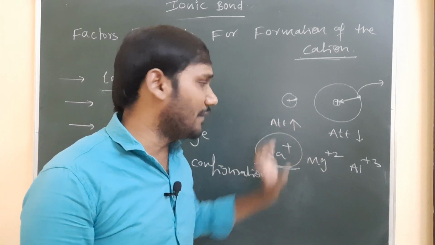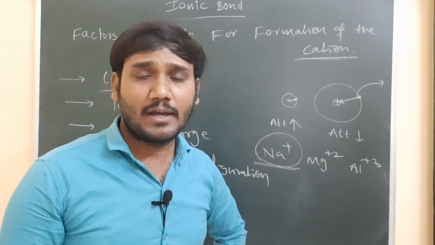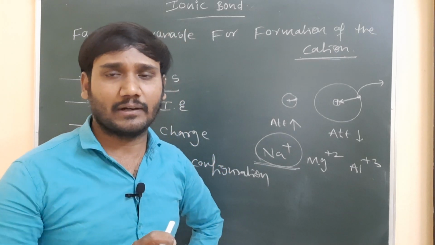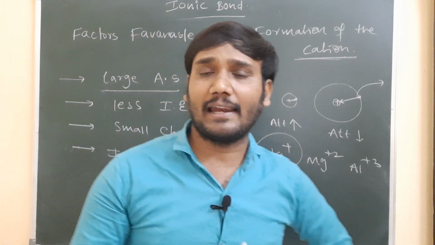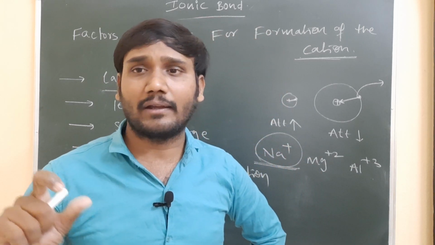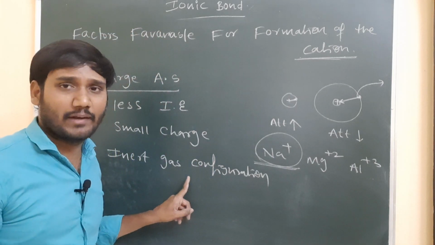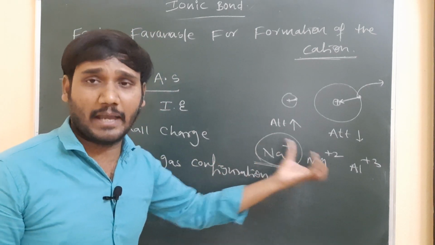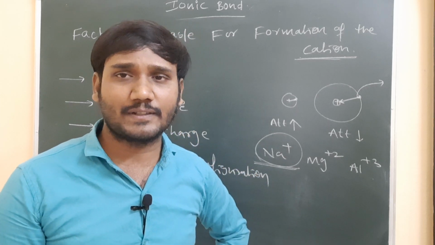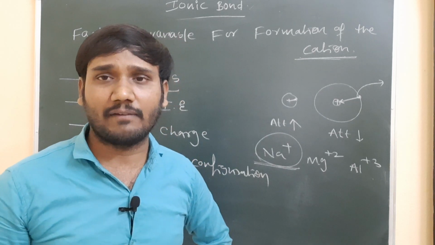Some of the ions have a pseudo inert gas configuration, like the d-block elements. Cu+ and Zn2+ have 18 electrons in their valence shell. An element having 18 electrons in its valence shell is said to have a pseudo inert gas configuration. Na+, Cl-, K+, Mg2+ all have 8 electrons in their valence shell, but d-block elements have 18 electrons in their valence shell.